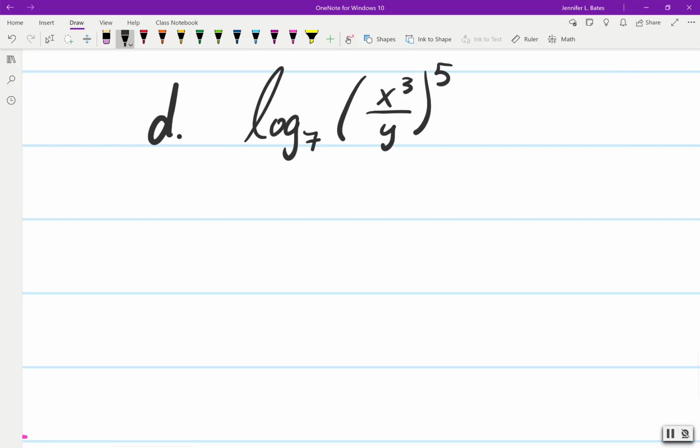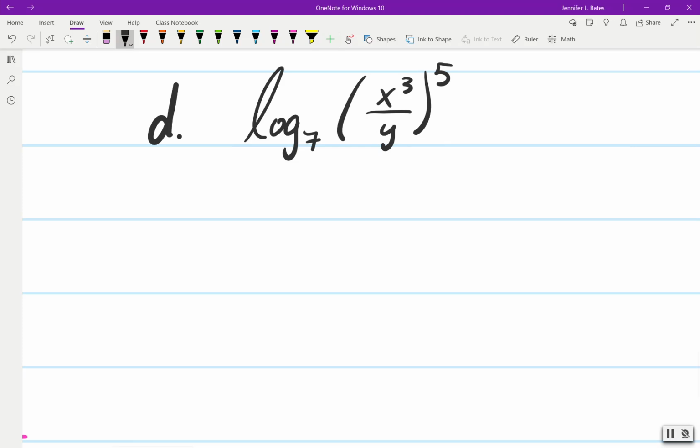Now, there are actually two ways that I could start this problem. I could either start by bringing that exponent down out front, or I could take that exponent and make it x to the 15th, y to the 5th.